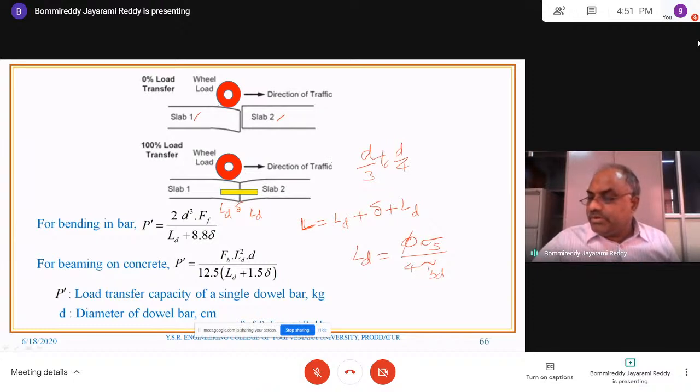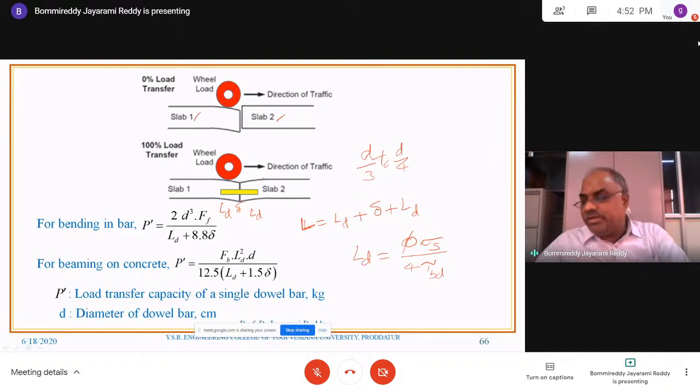Without the dowel bar, there is a possibility of damage to the slab edges, because the edge is always weak, and the transfer of the load is not over a large area, it is only over a small concentrated area, and there is a possibility of failure. By providing a sufficient number of dowel bars as per the design, whenever the load approaches the edge of the slab, the load will also be transferred to the other slab, so that the resultant magnitude of the stress developed will be less.